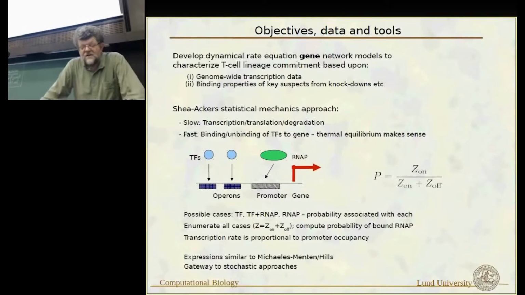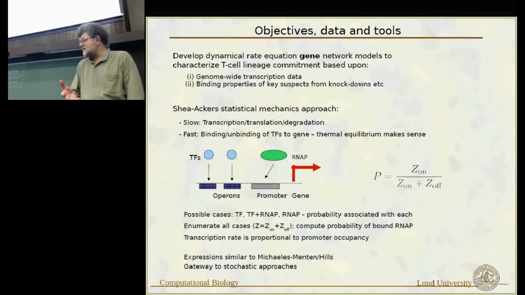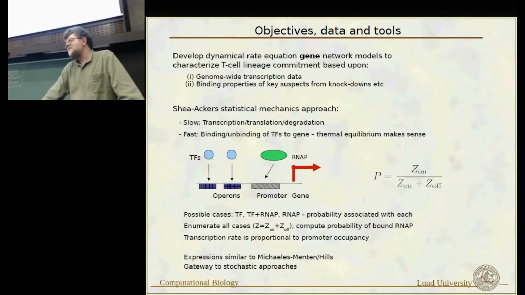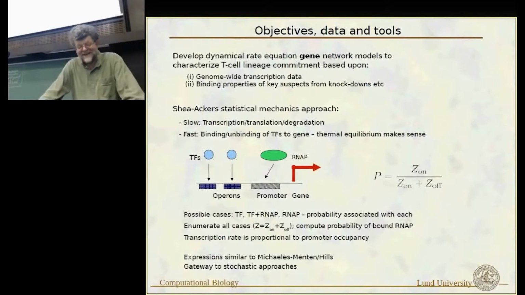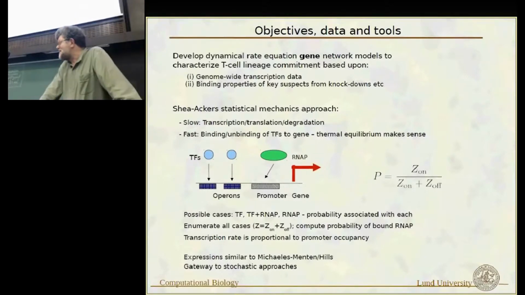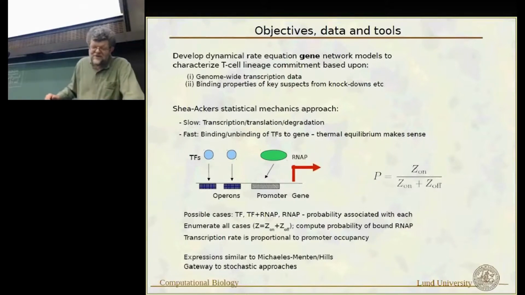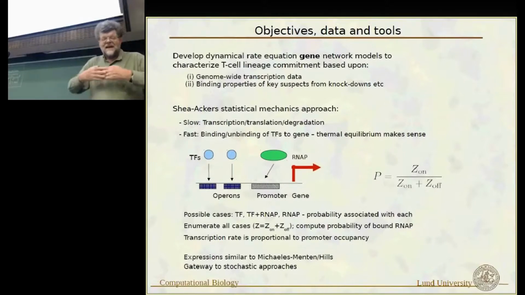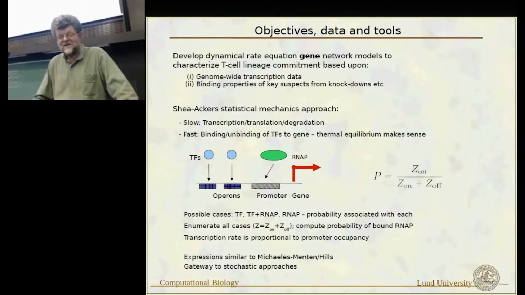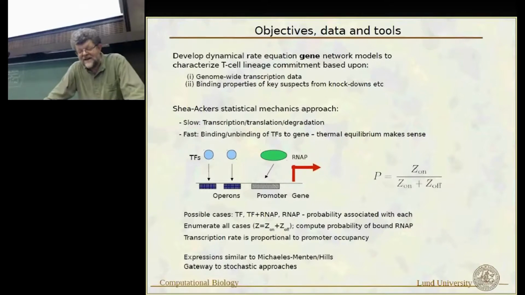Just a little reminder, normally when people do rate equations for small genetic networks, you use either Michaelis-Menten or Hill's function, stuff like that. I have to point out that I'm a physicist at some point at least. Namely, for all these processes, there is a very rapid process, which is the binding and unbinding of a transcription factor to a gene, and then you have the slow one, which is transcription, translation, and degradation.